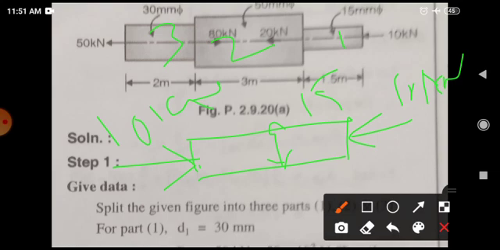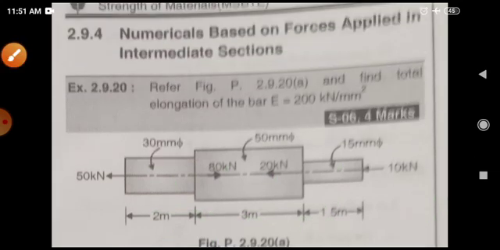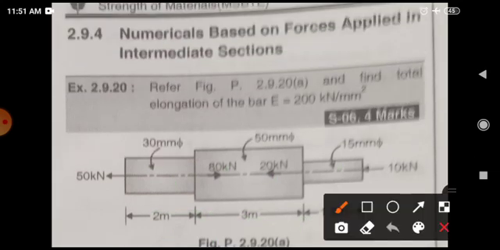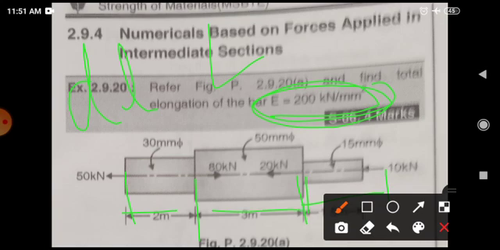So here 10 kilonewton, and you can calculate anything for this first element. Let me see what is in the problem. Here you are given capital E and they may ask you DL. You have capital L for each member.